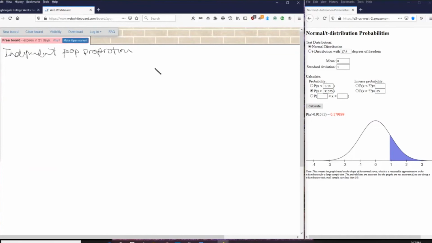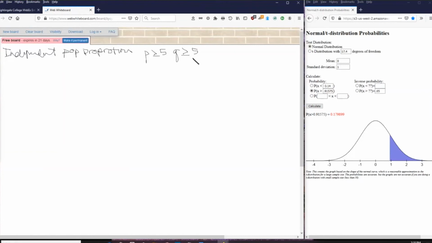Now, in order to do this, we want our P, which is our successes, needs to be greater than or equal to 5, and our Q needs to be greater than or equal to 5. If it has that, and the population size has to be 10 times or 20 times the size of the sample.